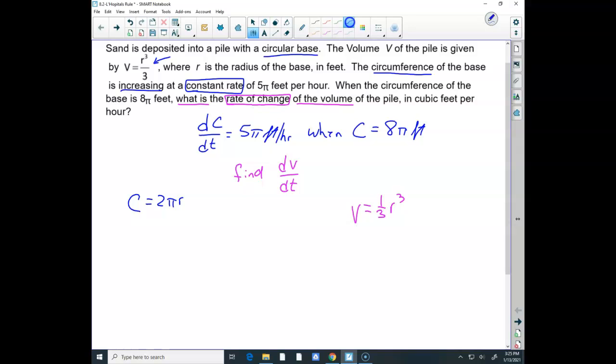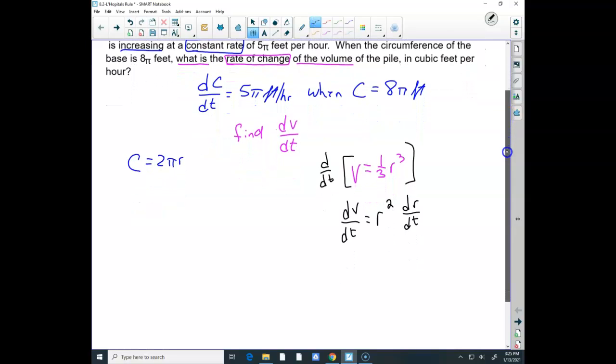So if I took the derivative of this, I'm going to get dV/dt equals 3 times 1/3 is gone, so I have pi r squared dr/dt. Okay? And I have a related rates equation that I can't plug anything into yet.